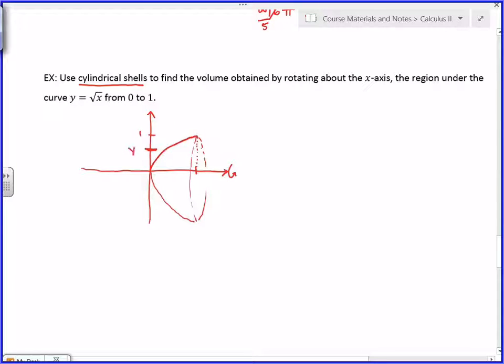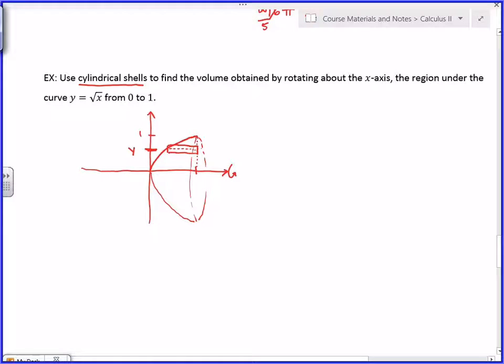Okay? So I am going to be slicing this way. Say I'm going to pick a y, and then draw my little box there. And so this is now a little bit trickier. It's still going to be that 2 pi variable times the function formula.